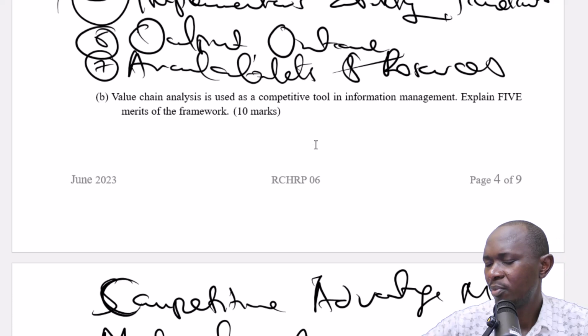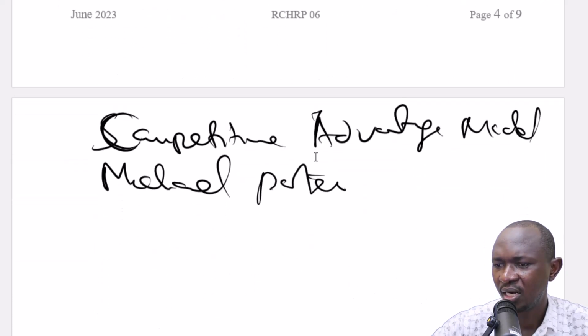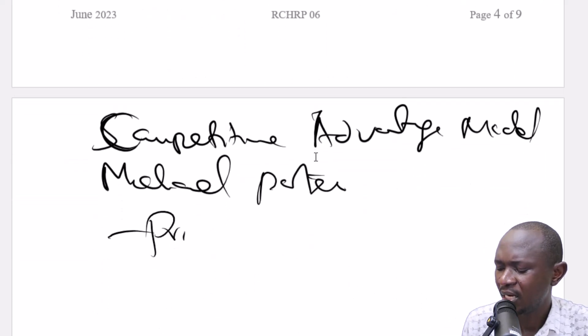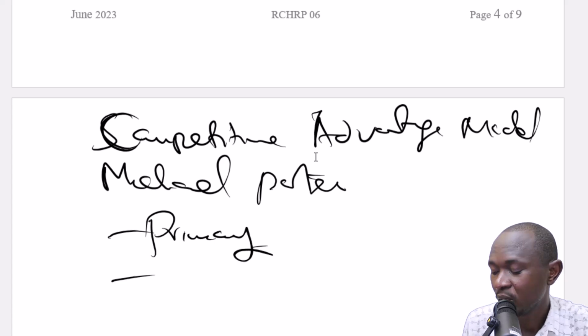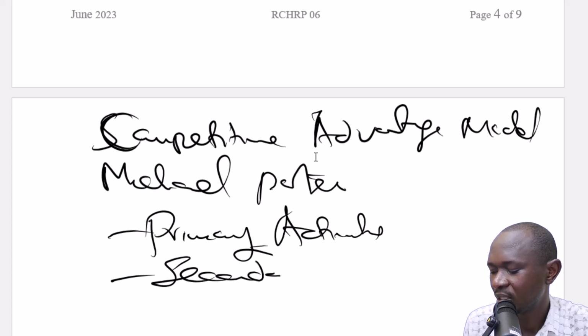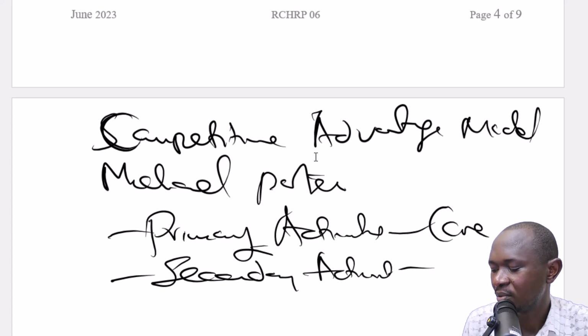who came up with the value chain analysis, and it basically grouped organizational activities into 2: primary activities and secondary activities. Primary activities are the core activities, secondary activities are support activities.